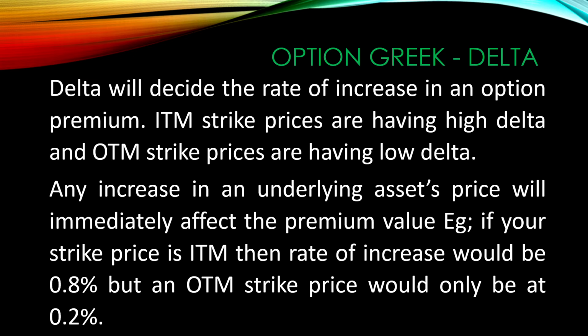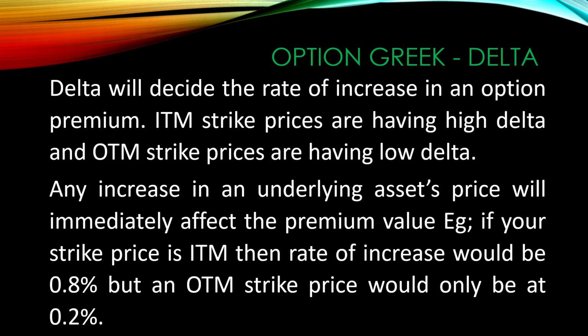Why? Because delta is high there, because in the money and at the money options have high delta. If you buy a strike price of 675 Tata Motors, it means Tata Motors should go above 675, and only then will you make a profit. So when you buy the 675 call option, the premium would be very low and the rate of increase also would be very low.